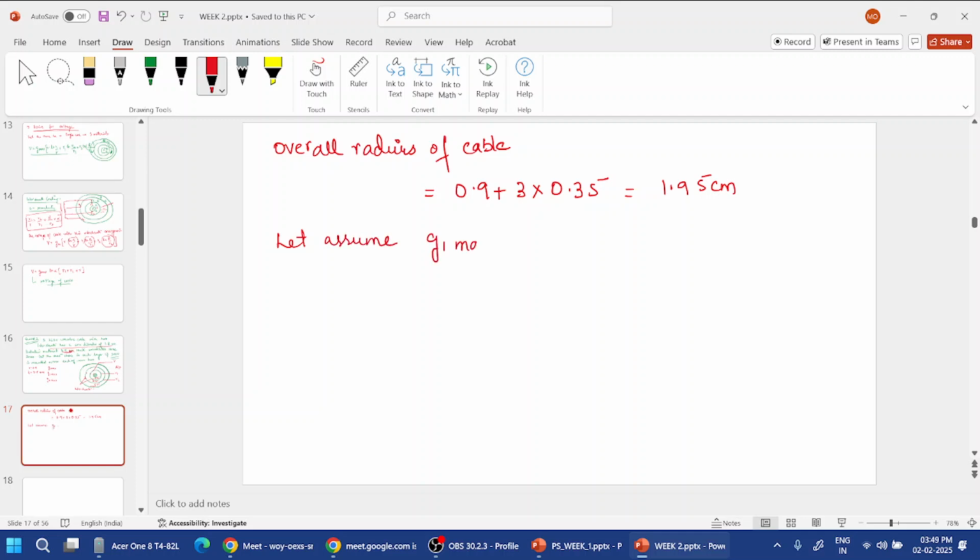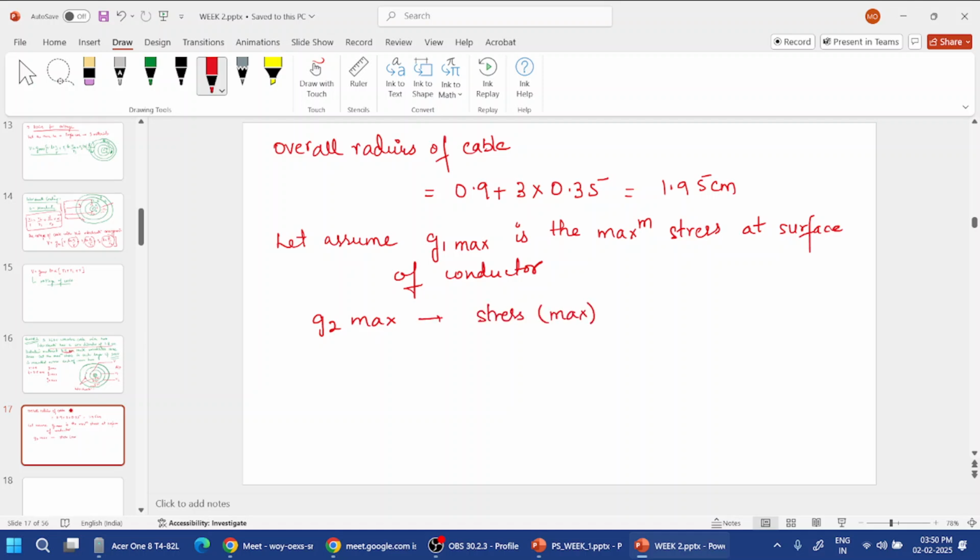Now let's assume G1 max is the maximum stress at the surface of the conductor, and G2 max is the maximum stress at the first intersheath.